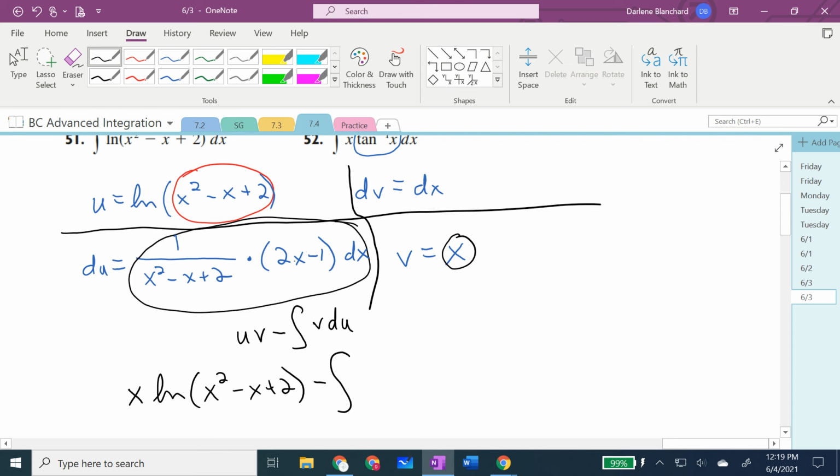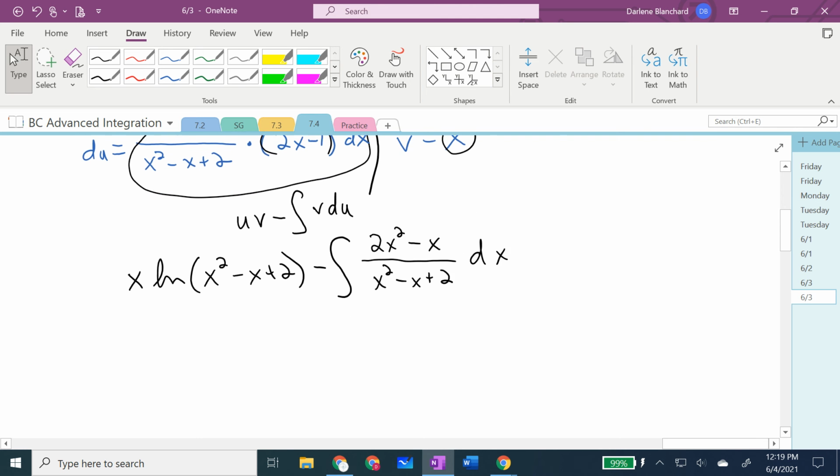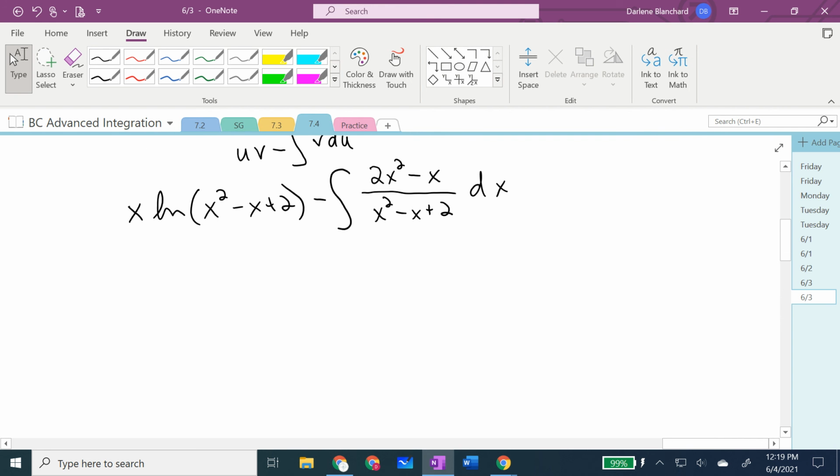I'm going to go ahead and distribute it through and write the denominator correctly. So x times 2x minus 1. So I'm done with part of it, and now I need to look at the integral at hand.